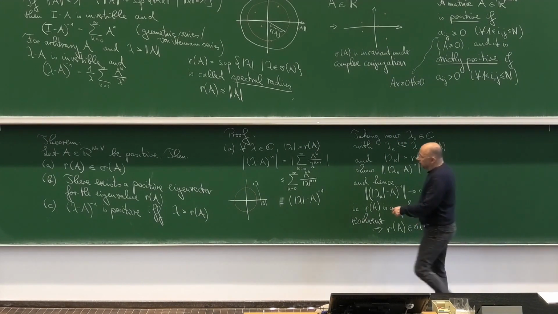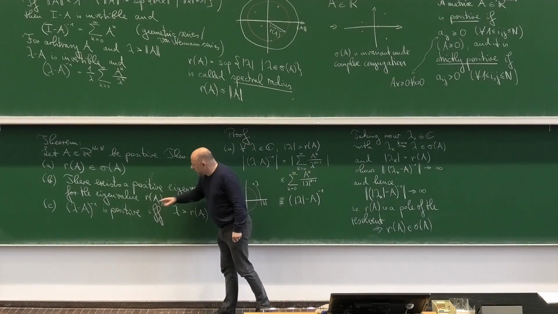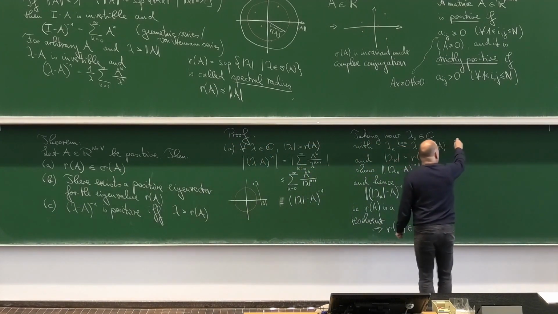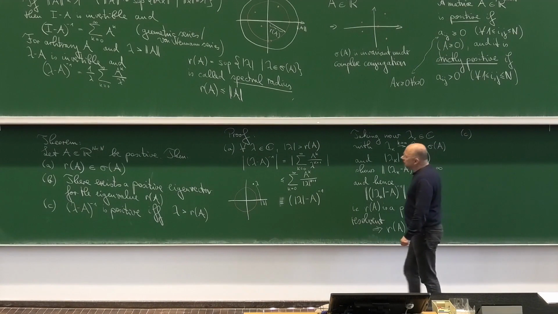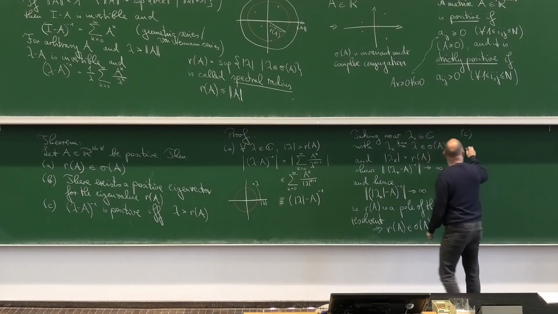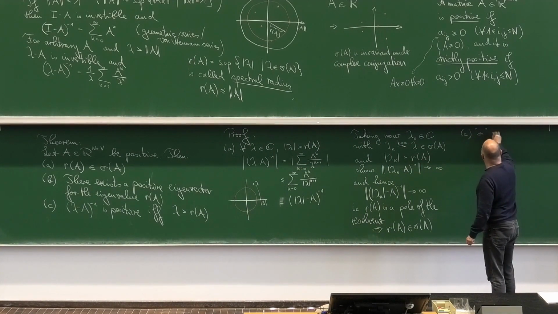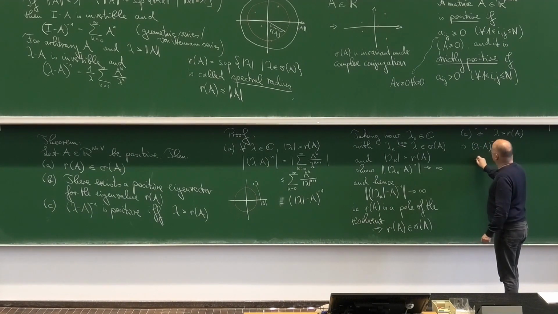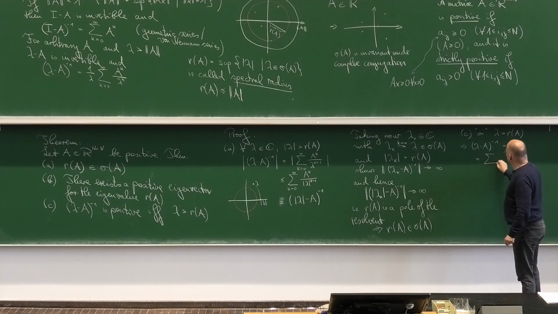Okay, let me first go to this C before we prove B. So we have already seen for lambda, let me first prove this direction. If lambda is greater than the spectral radius, then the inverse is again by the Neumann series, and this is a series from.